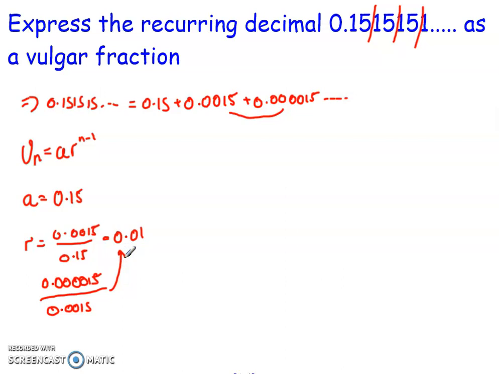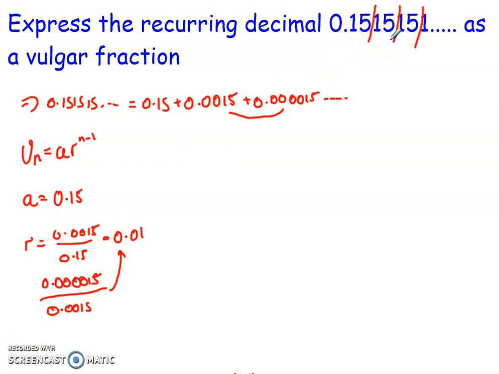A key thing to look for when it comes to being able to say I can express it as a geometric series is, quite simply, there's a repeating section here, as I pointed out at the first part, but this second 15 can be represented by something multiplying the first 0.15. So if I take 0.15 and multiply it by 0.01, what I'm going to get is 0.0015.